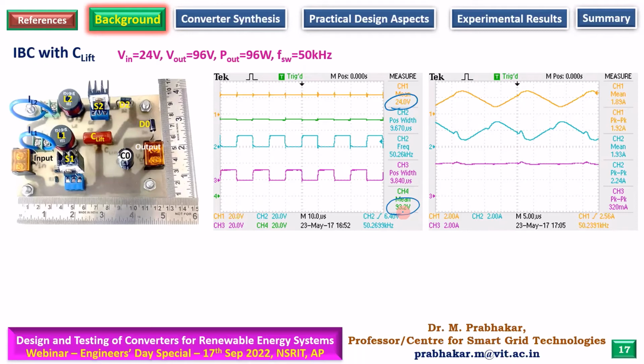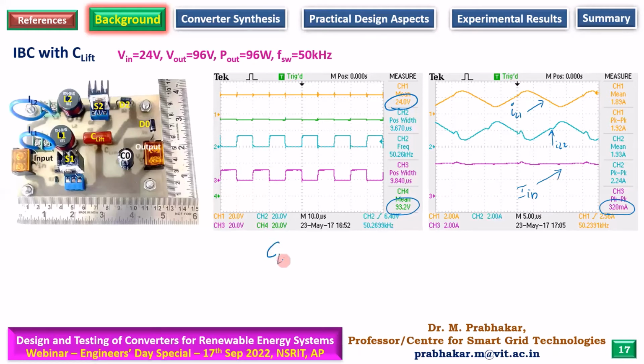And then ripple, because we are using interleaving, there won't be any ripple. There should not be any ripple. That is again observed over here. This is the input inductor current IL1. This is IL2. Now you will see wonderful input current without any ripples. So ripple current is just 320 milliamperes. So the observations are, we are actually doubling the voltage gain by using lift capacitor.